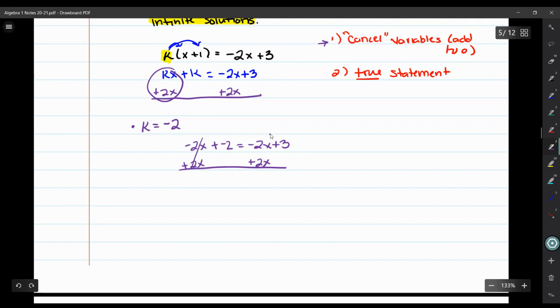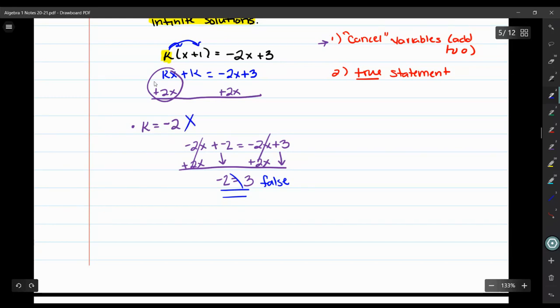So our negative 2 will drop and our 3 will drop. So now the second thing that had to happen was that we had a true statement at the end. Well, negative 2 does not equal 3, so this is actually false. So this would be a no solution case because I don't have a true statement at the end. So that means that k equals negative 2 is not going to work.